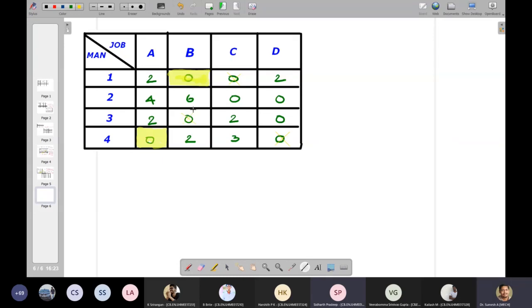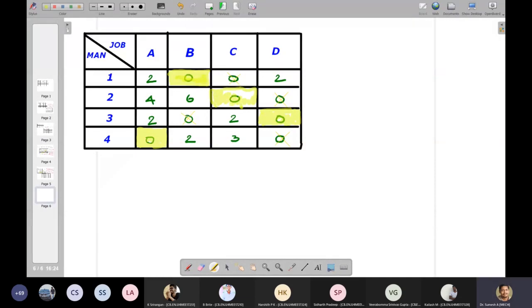Now if we closely see, this becomes a single zero row, so provide the assignment there. When you provide the assignment there, this is struck off, and only 1 zero is left as assigned.